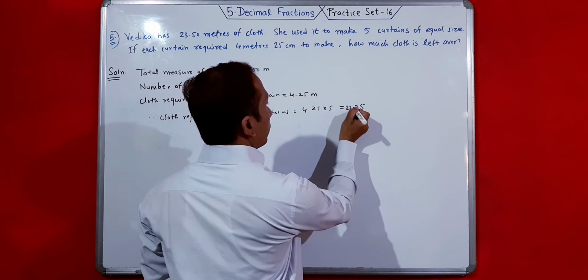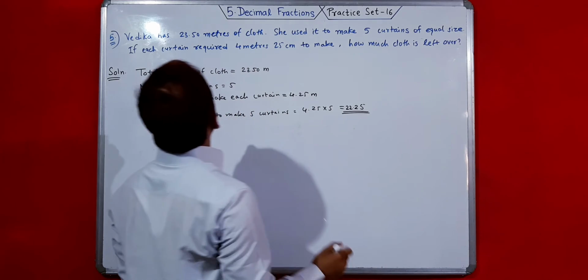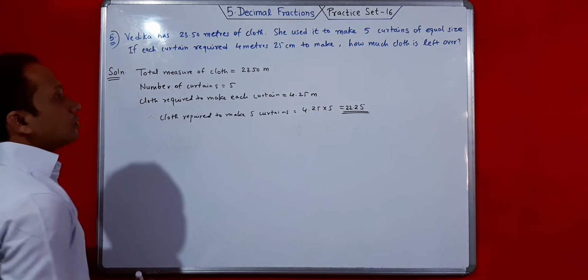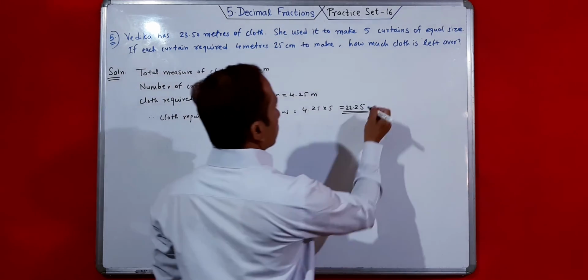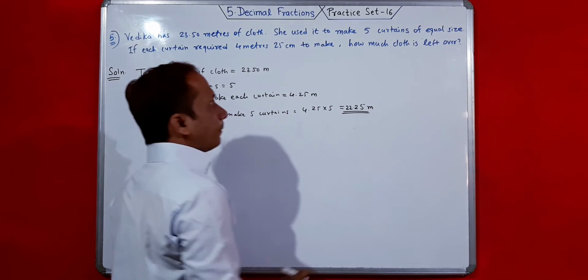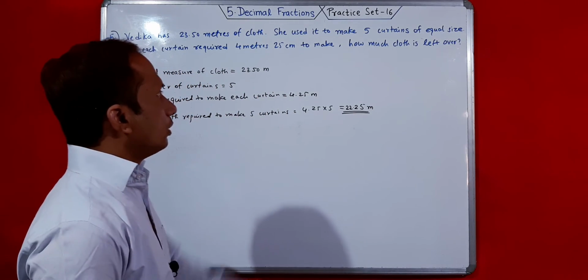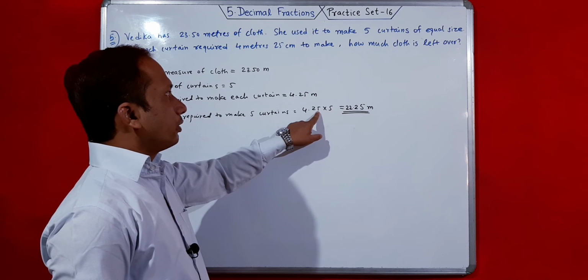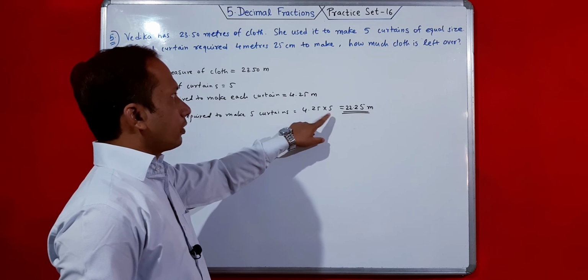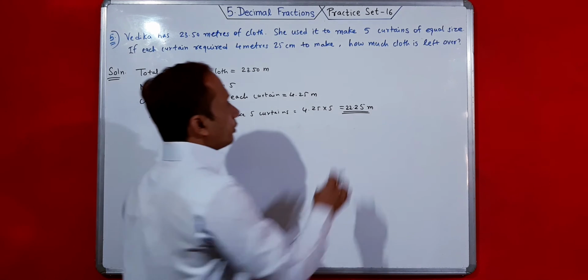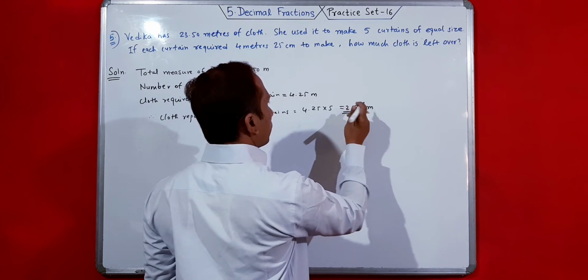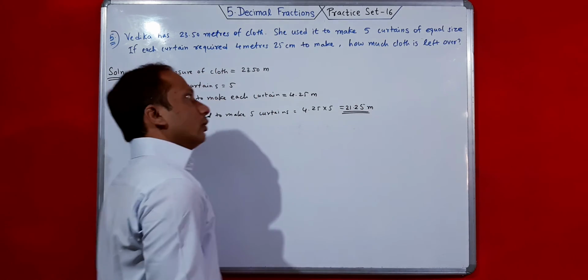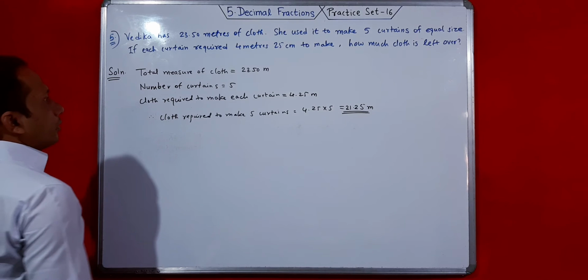So this is 22.25. So this much cloth is required. You can do this. 5 5s are 25. 5 2s are 10. So 21.25. This much cloth is required to make 5 curtains.